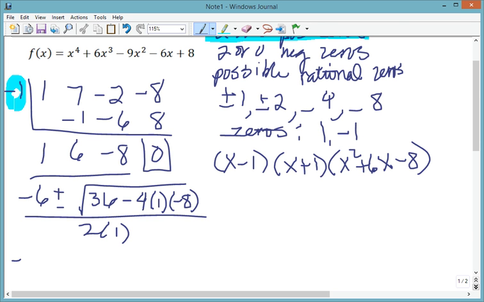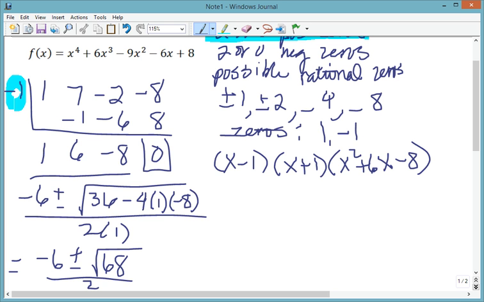Alright, so let's look at the inside here. 8 times 4 is 32, and they're both negative, so that makes it positive 32 plus 36. So that's going to be 68.